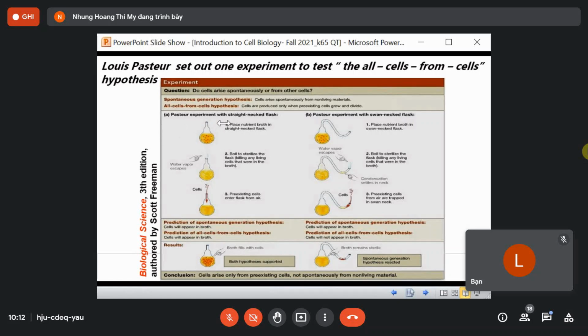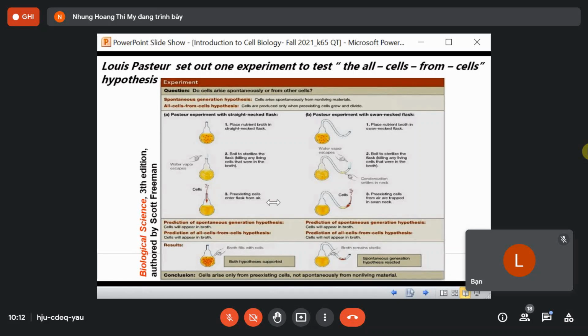So based on the result you receive, one hypothesis will be right and the other will be wrong. He performed the experiment with two types of flask, the straight neck flask and the swan neck flask, in the same condition. I will not repeat how he performed the experiment, but I will just say the result he got.